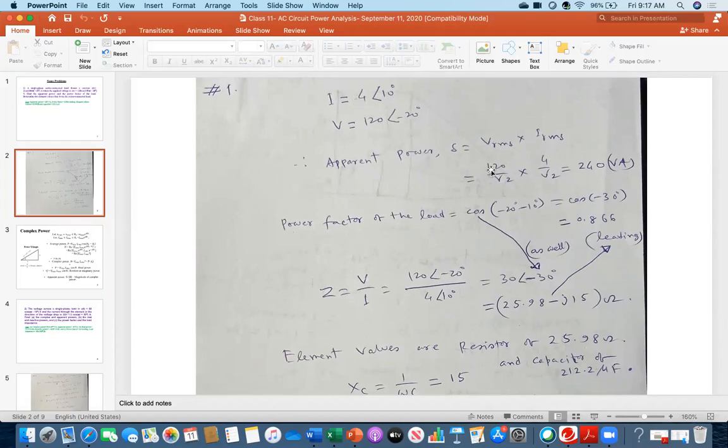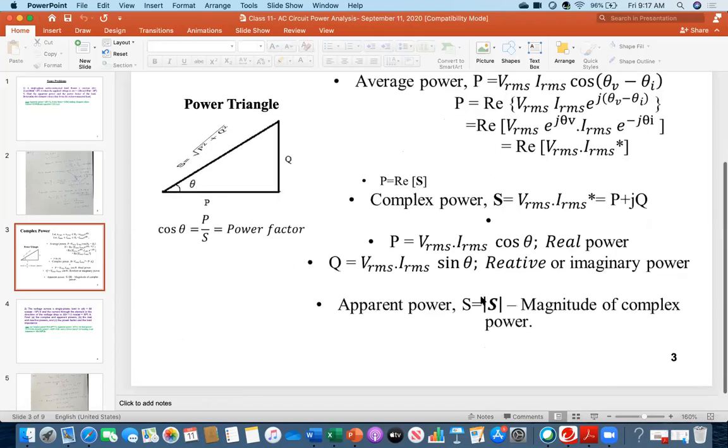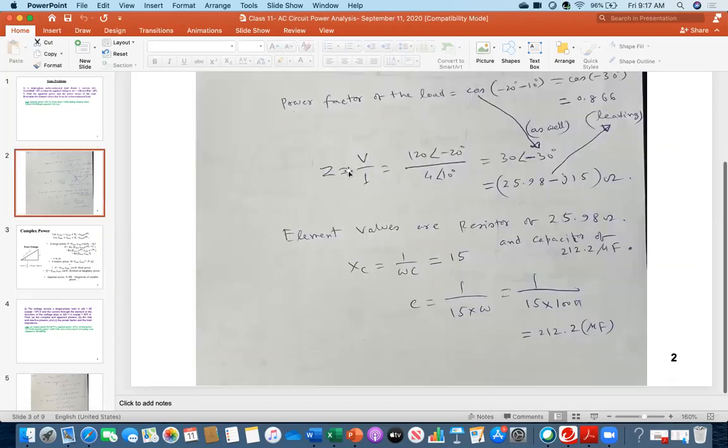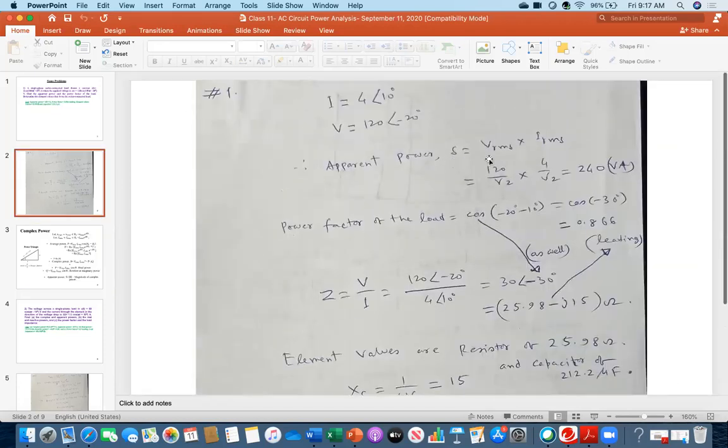Here I don't need to take into account the angle when multiplying, because it is just the magnitude part, not including the angle. If you include the angle together with it, then that will be the complex power. Just keep in mind, apparent power is simply the product of the RMS values.